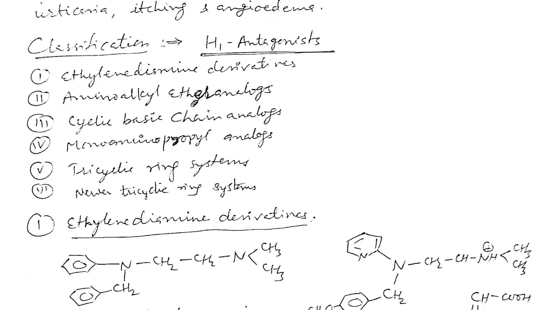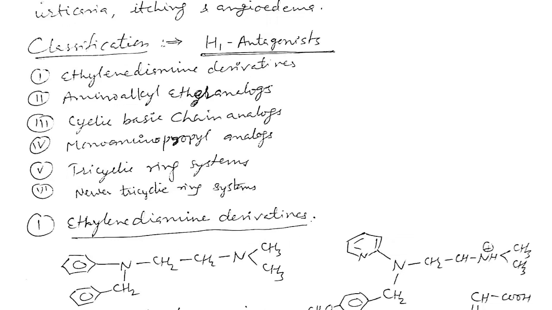So ultimately, based on the chemical structure, in medicinal chemistry we can classify H1 antagonists into six categories. Let me revise by name: first, ethylene diamine derivatives.